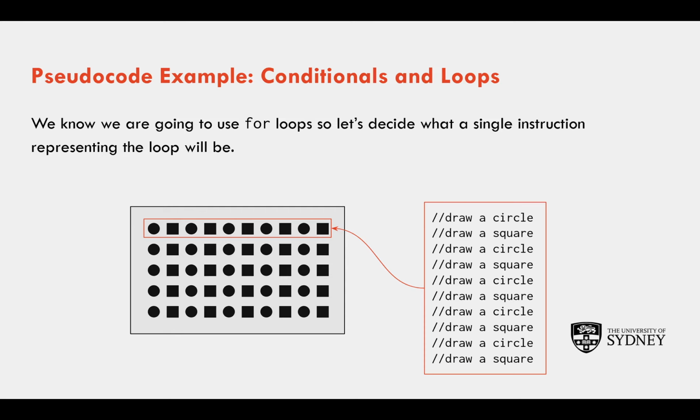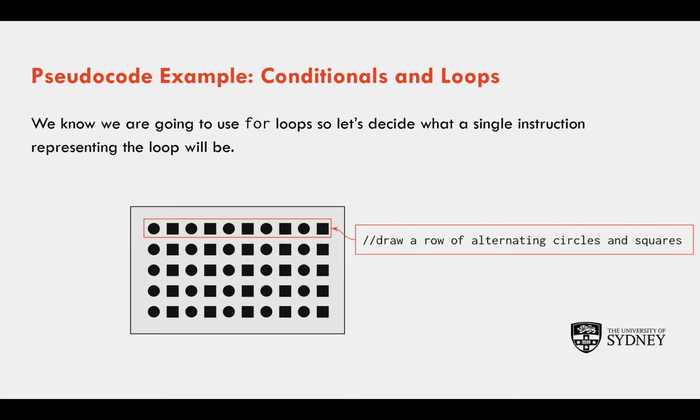So first off, we break down our goal into our individual instructions. And do we want to go with rows or columns first? I've chosen to go with rows. Now, replacing this long list of instructions, I can just change that to one instruction: draw a row of alternating circles and squares.